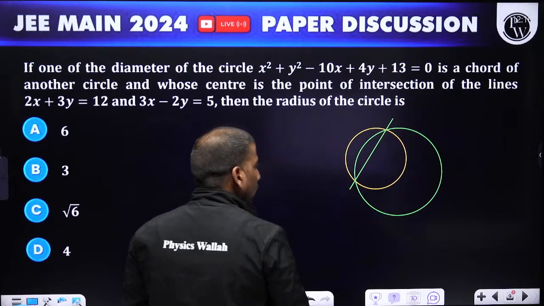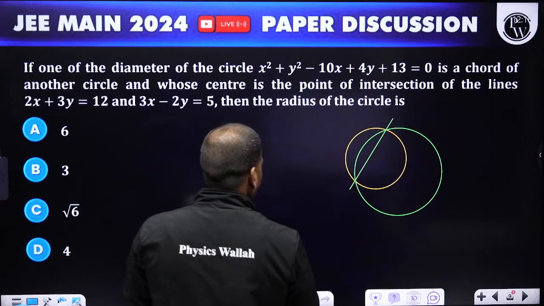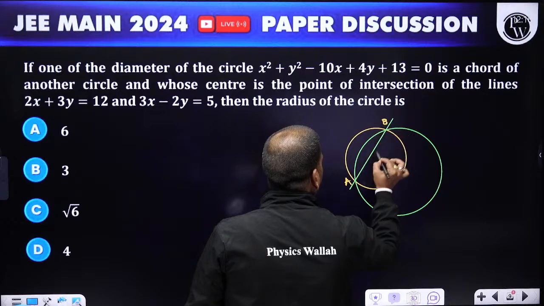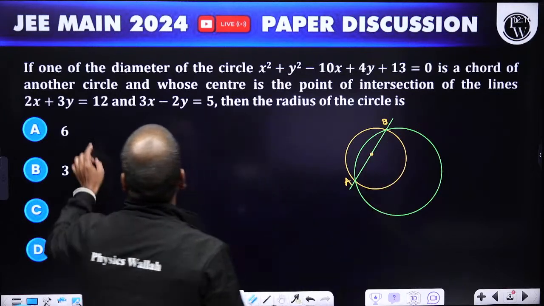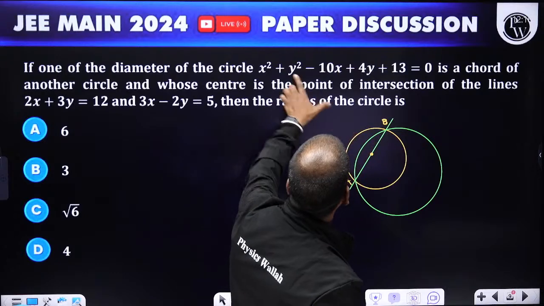Let's take this as A and this as B. This is the center. One of the diameter of the circle. So this is the diameter of the smaller circle.